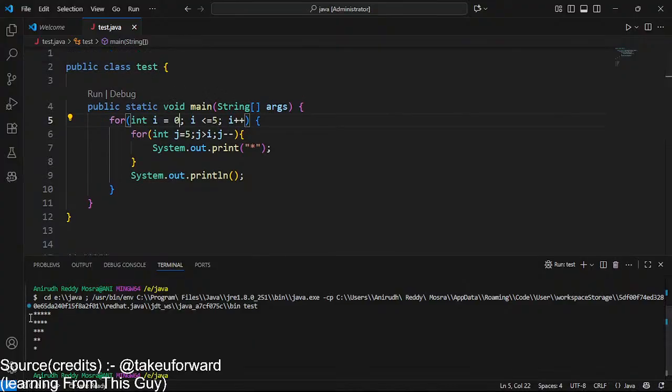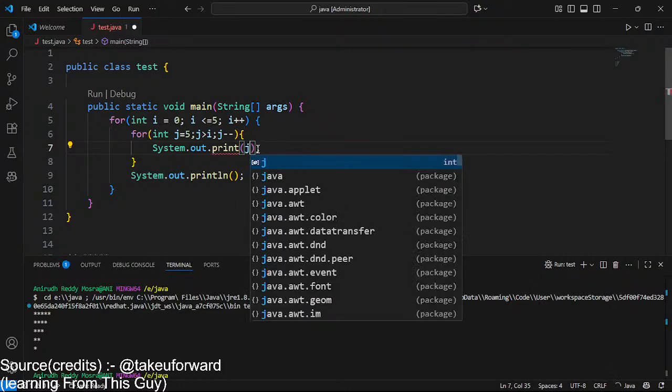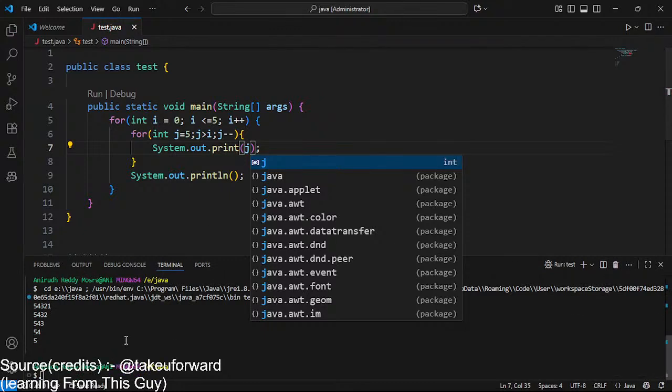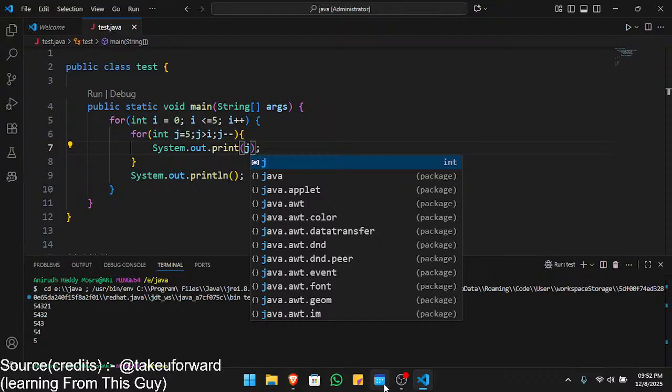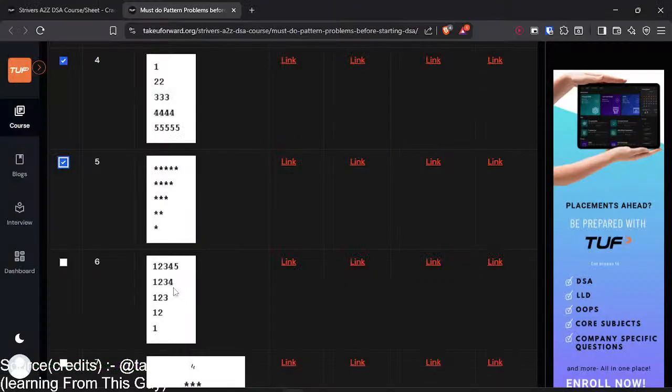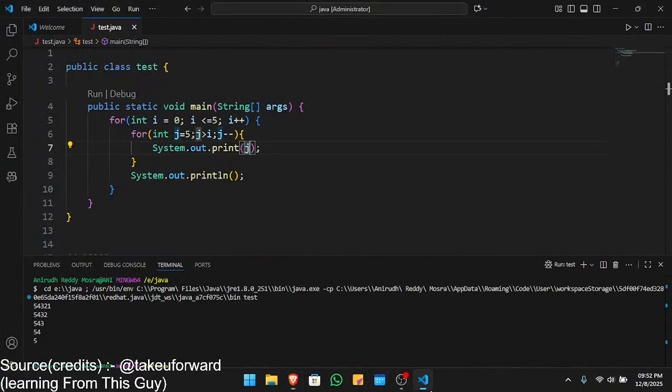So now we need to do this thing reverse. Just print J here. J. Really simple. 5, 4, 3, 2, 1. But this thing should be reversed.